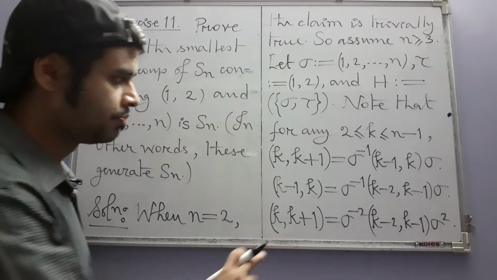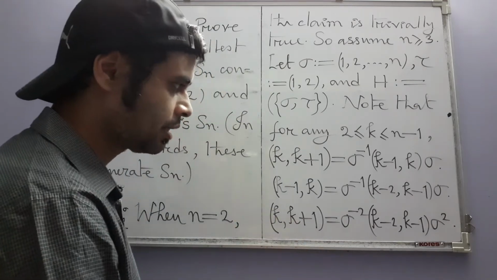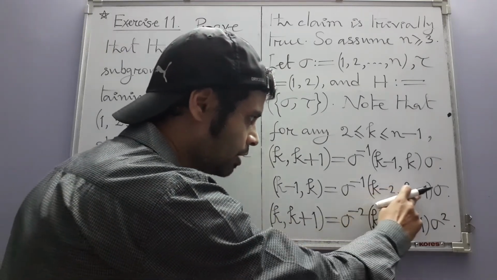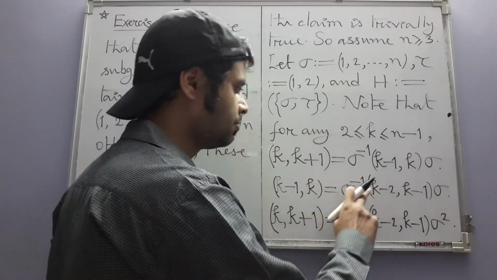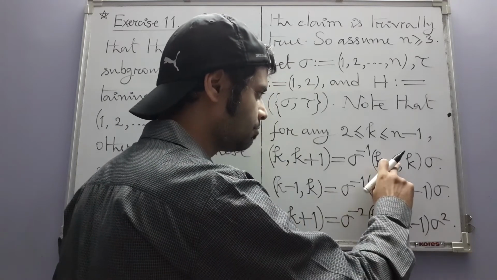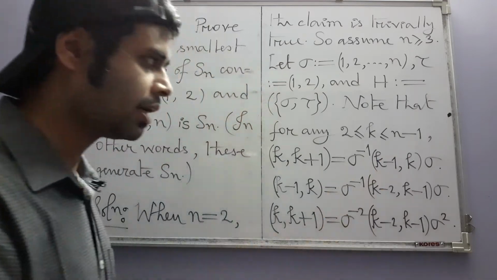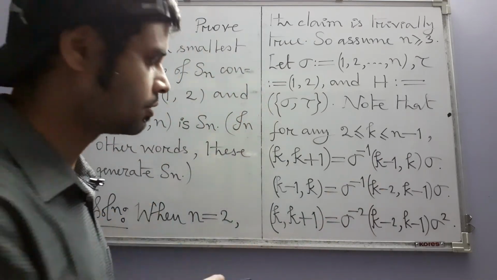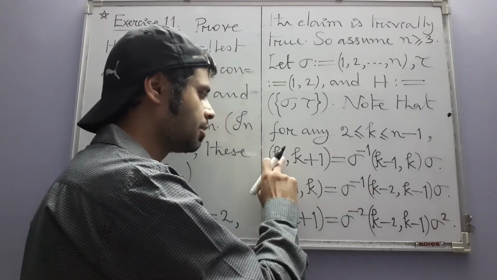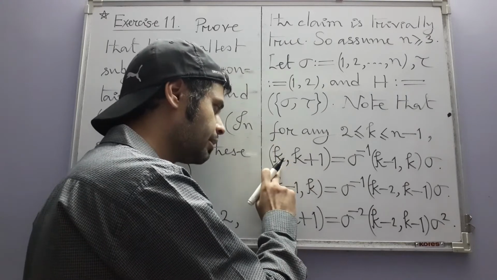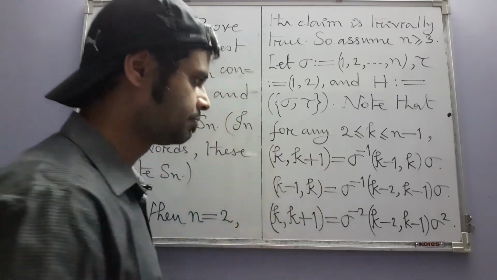In general, what do you have to subtract in order to get 1 and 2 here? Naturally, in order to get 1 here, you would have to subtract k minus 1 from k, from these symbols. If you do that, you will get 1 here and 2 here.